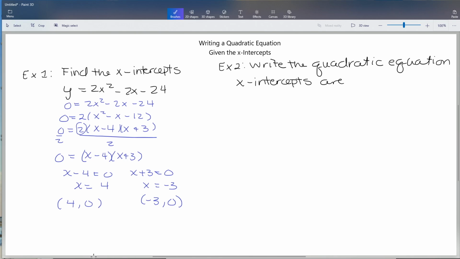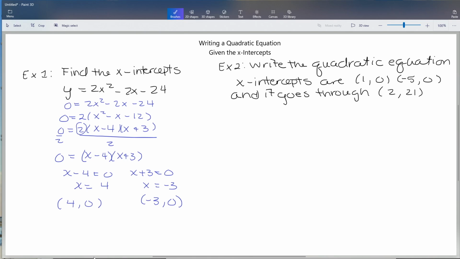Okay? So my x-intercepts are (1, 0) and (-5, 0). And it goes through (2, 21).